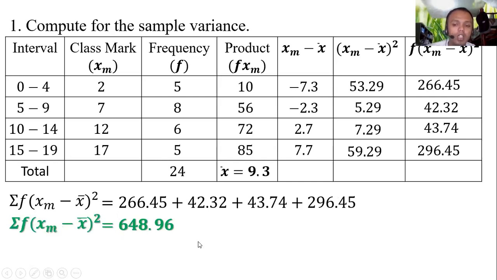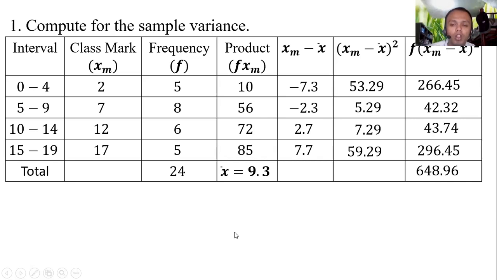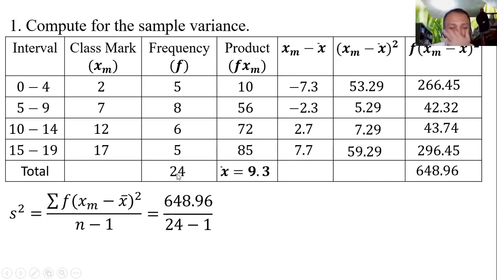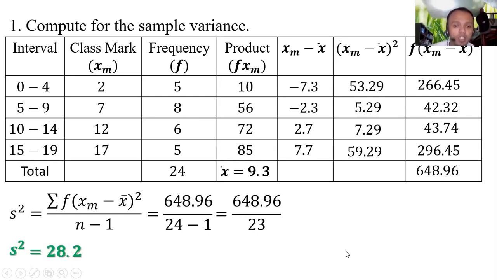And then, divide natin yung 648.96 to n minus 1. Your n here is equal to 24, no? Kasi yan ang n natin yung total number of frequency, minus 1 is equal to 23. Then, 648.96 divided by 23, that would be equal to 28.2 for your variance.